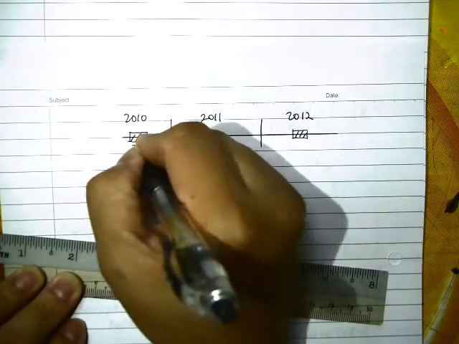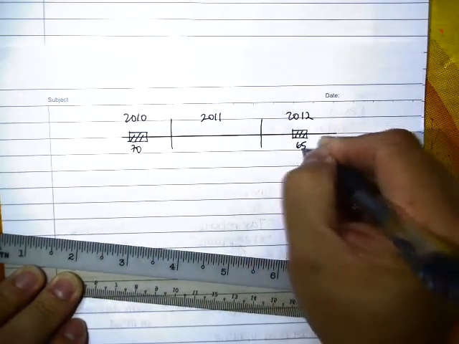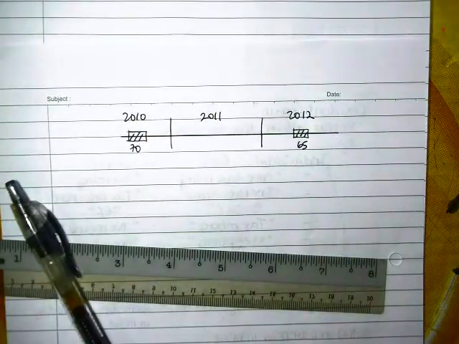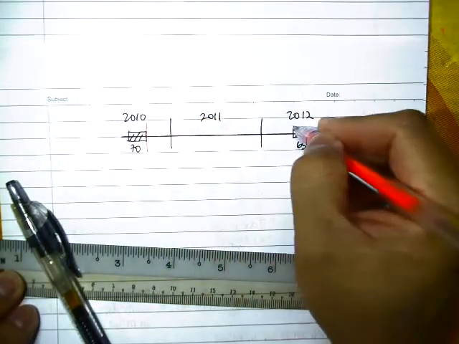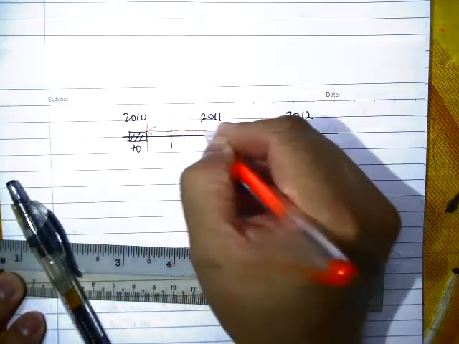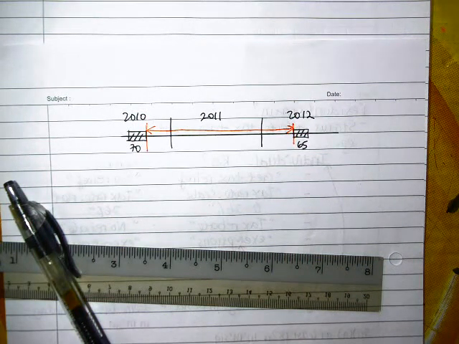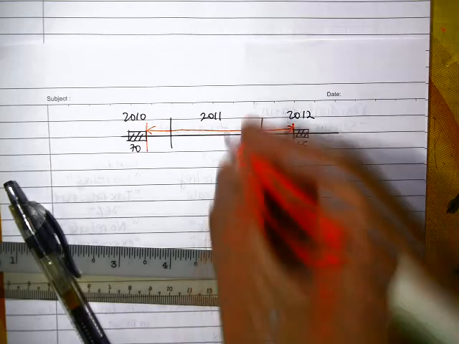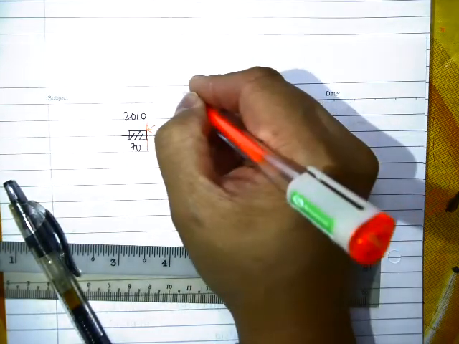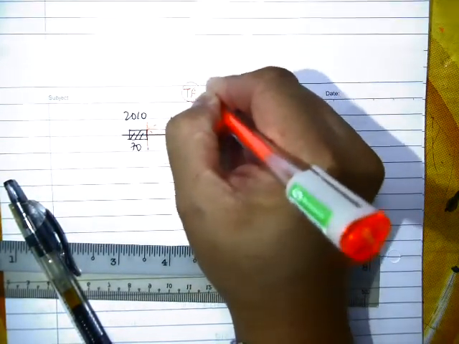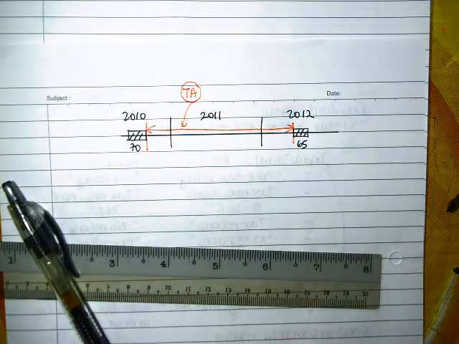Let's say I stay for 70 days and 65 days. And I'm telling you that throughout the whole period, from 2010 all the way to 2012, these are because of, let's say, temporary absence.